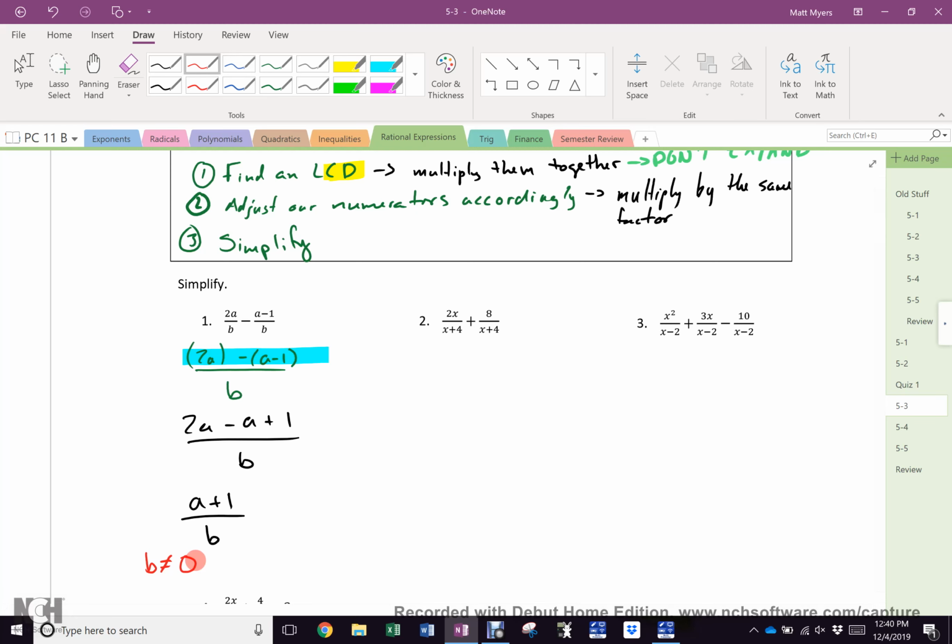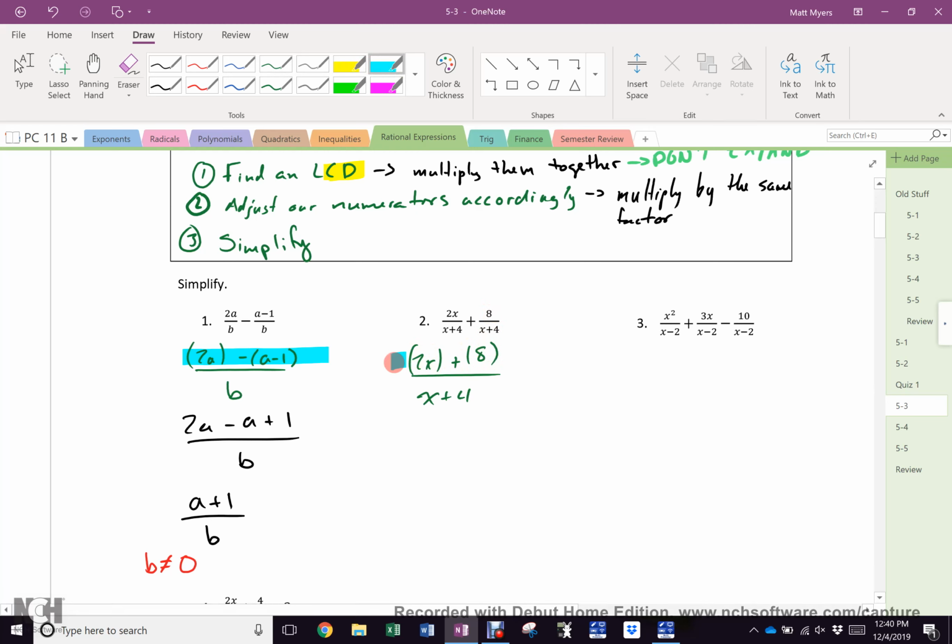Everybody cool? All right. Let's look at this one. Is there a common denominator? Yes. So I go over x plus 4, right? Did this denominator change? Did the numerator need to change then? No. 2x. Plus, did this denominator change? So does the numerator change? Nope. 8.